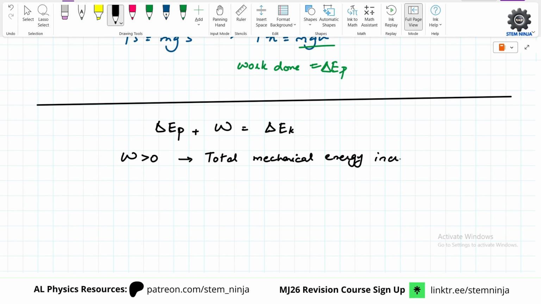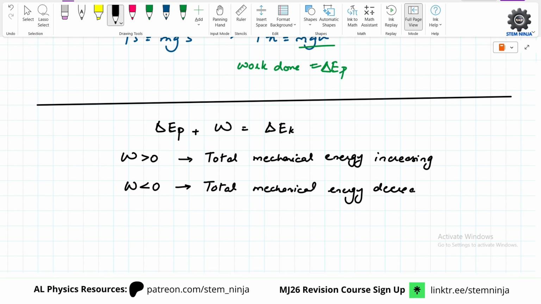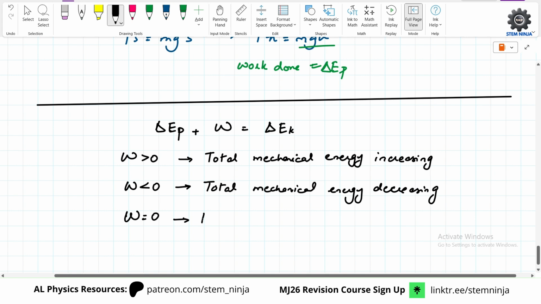Basically, if it is less, that means negative, so the total mechanical energy would be decreasing. Similarly, when this is 0, total mechanical energy is conserved.